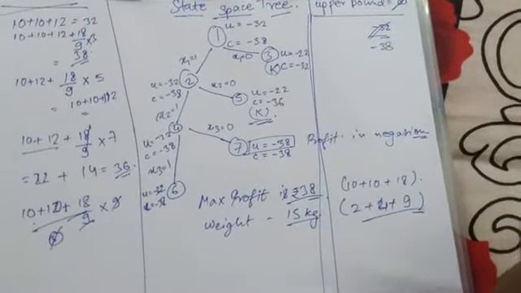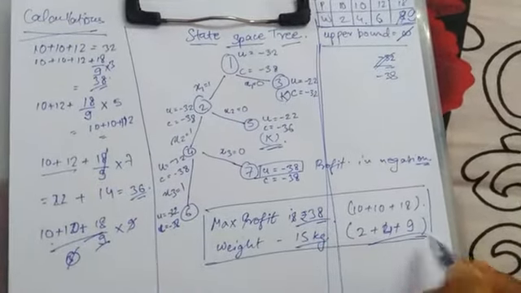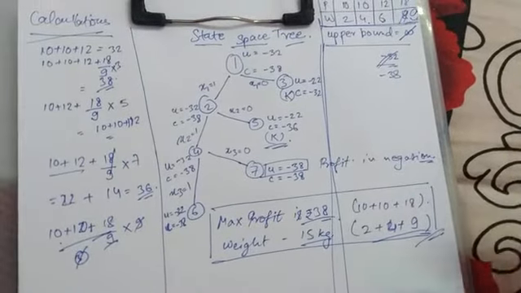This is how we solve a maximization problem using branch and bound method. Knapsack problem, it is solved. Thank you.